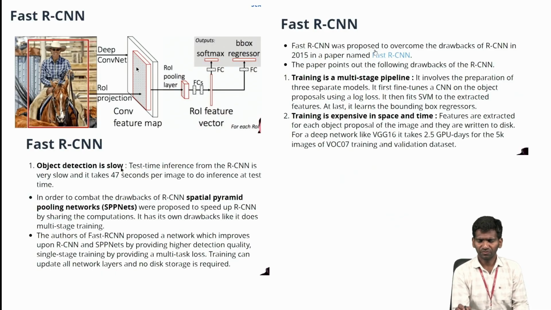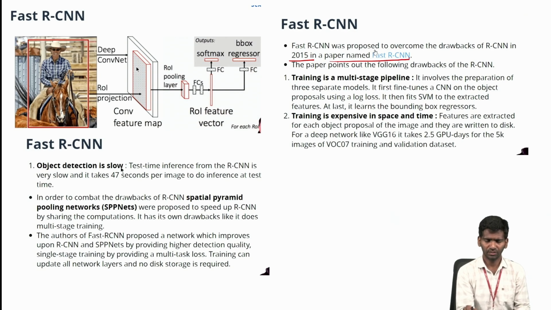In this, we are trying to overcome the drawbacks of RCNN. This was invented in 2015 in the paper Fast RCNN. So these are the drawbacks of RCNN, and they are overcome in Fast RCNN. What are those drawbacks? Training in multiple stages.